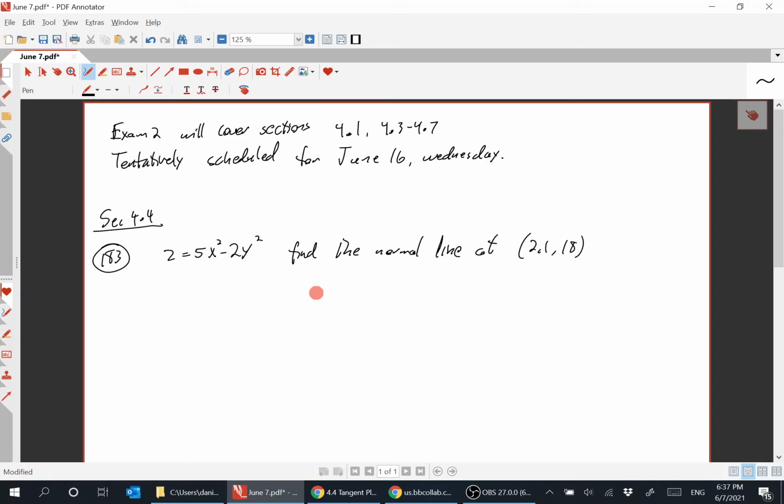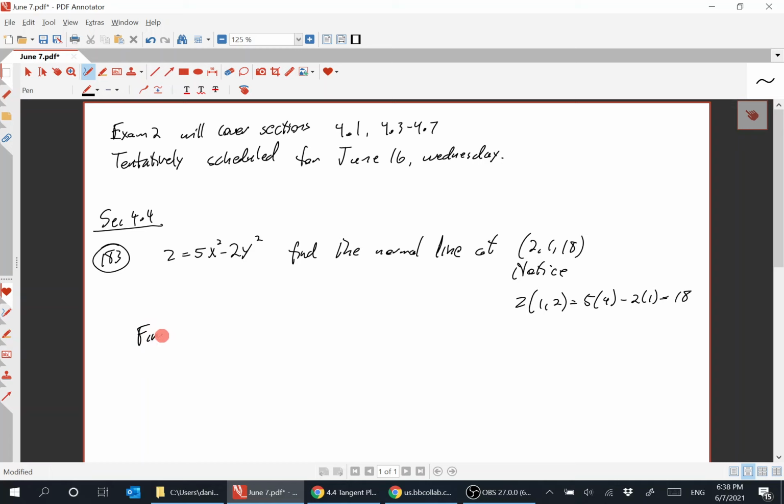Notice if you plug in x equal to 2 and y equal to 1, then you do get 18, because this will be 20 minus 2. So z at x equal to 2, y equal to 1 is 5 times 4 minus 2 times 1, which is 18. So that's the point of tangency.